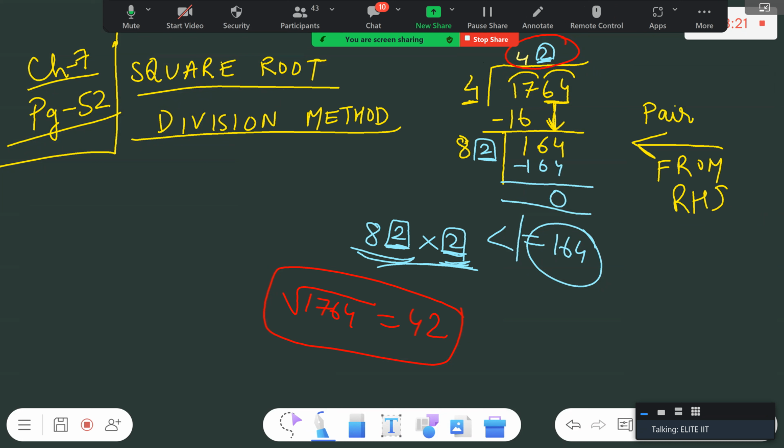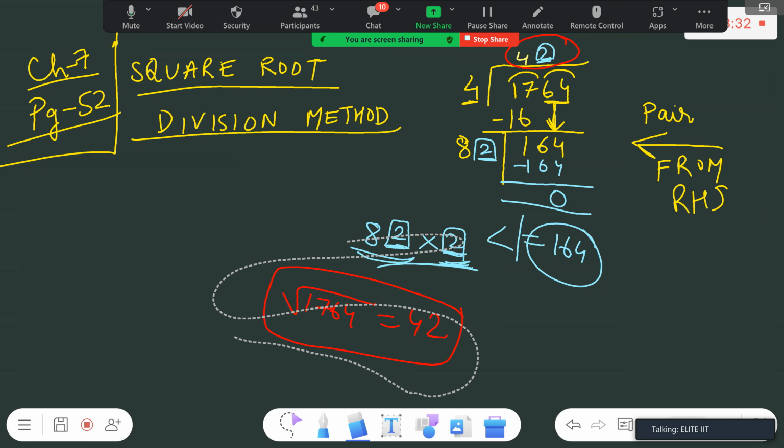So, the division method. Let us see the division method again. Did everyone write this? Yes.